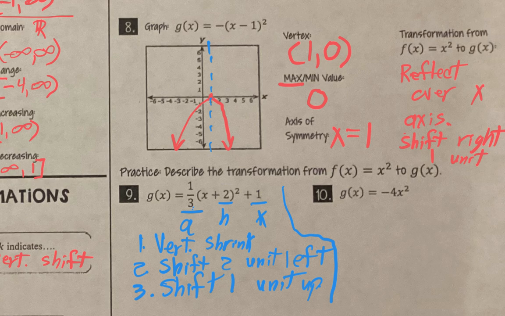All right, let's look at 10 and then we can call it a day. I still have a negative out front. There's not really any parentheses, so how do we determine that? There's no parentheses, so I will assume that this negative is equivalent to being inside of that. So in this particular case, because it's a parabola, we are going to have a horizontal transformation.